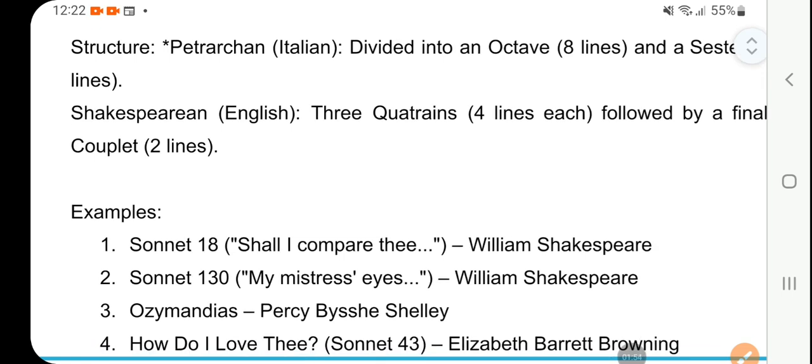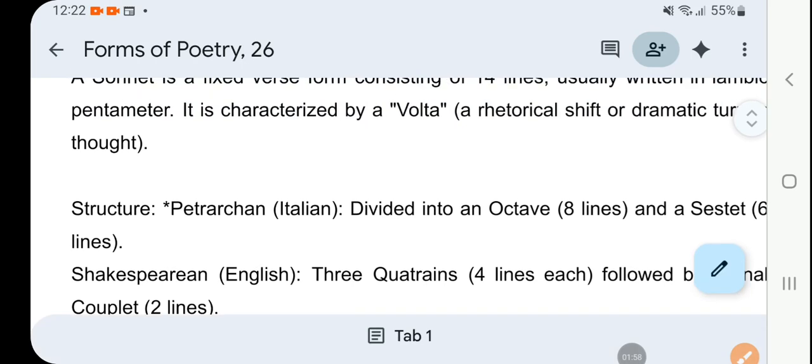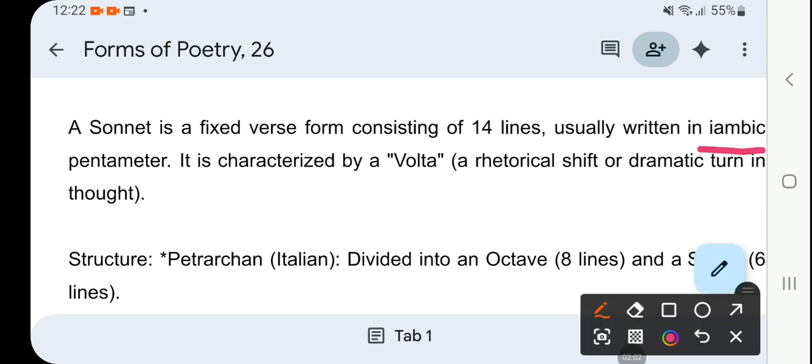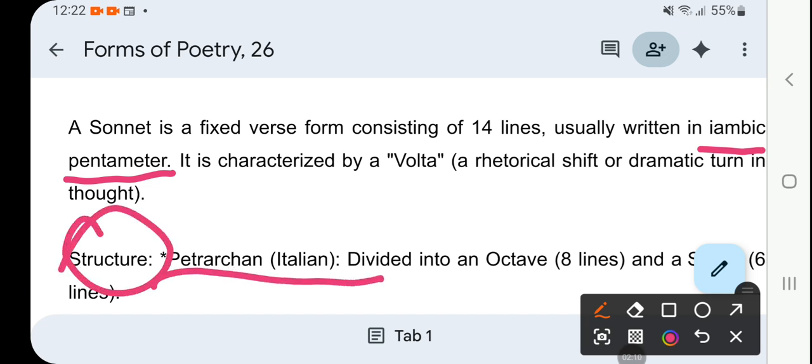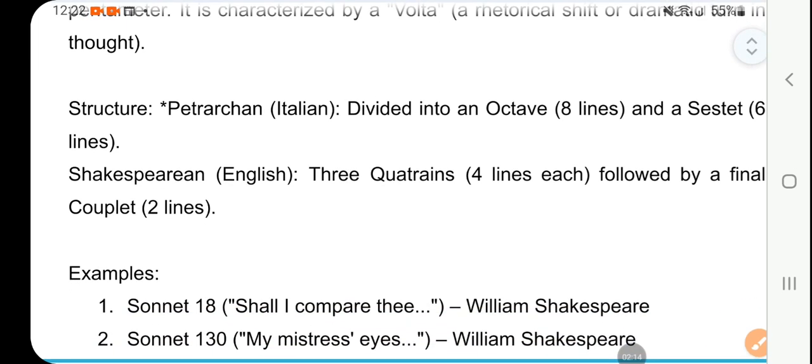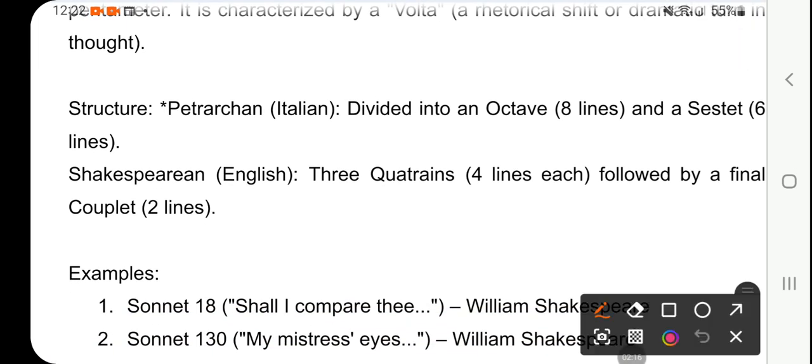What's the structure? Petrarchan, right? So don't get confused between iambic pentameter, that is the style, and Petrarchan Italian, this is the structure. Structure is Petrarchan, which means 14 lines are divided into octave and sestet, right?